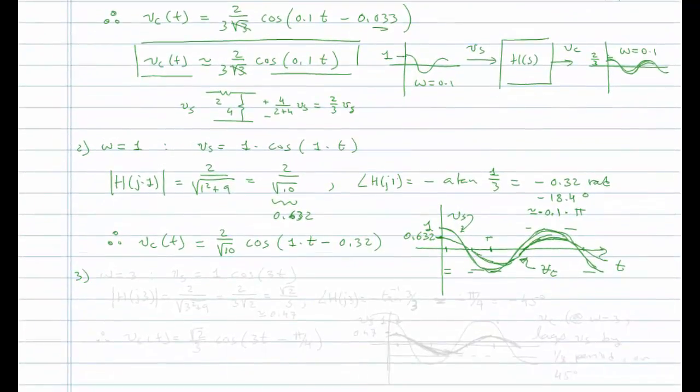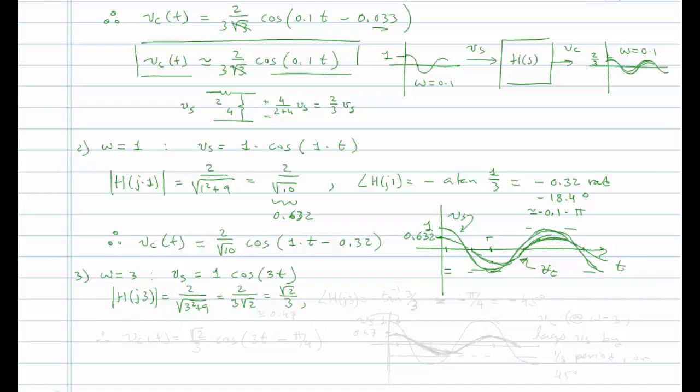Let's continue. Let's try omega equal to 3. So we have 1 cosine 3t. The magnitude of the transfer function will equal 2 over the square root of 3 squared plus 9, which is 2 over 3 square root of 2, which is equal to square root of 2 over 3.